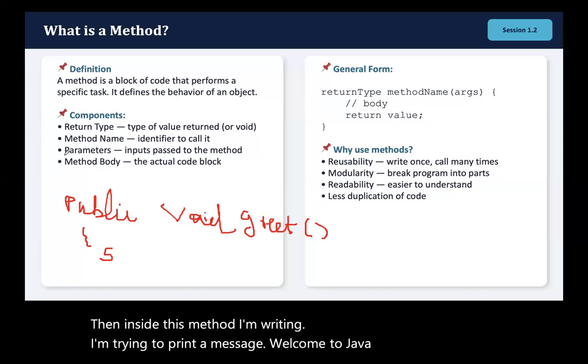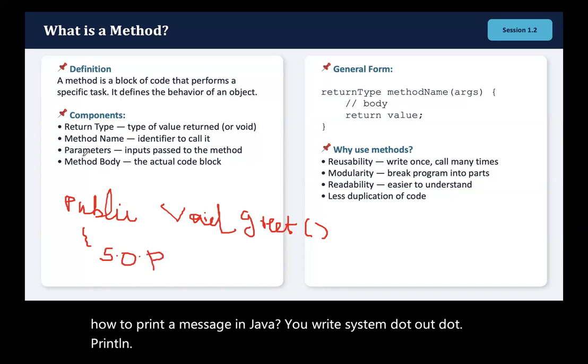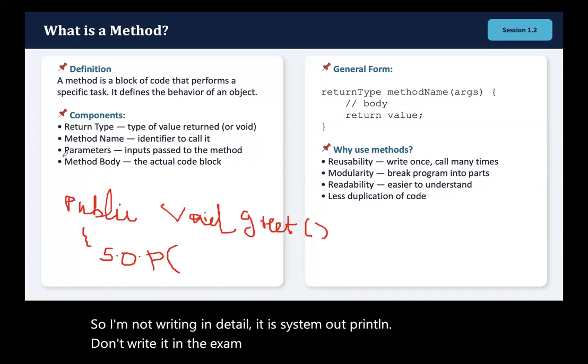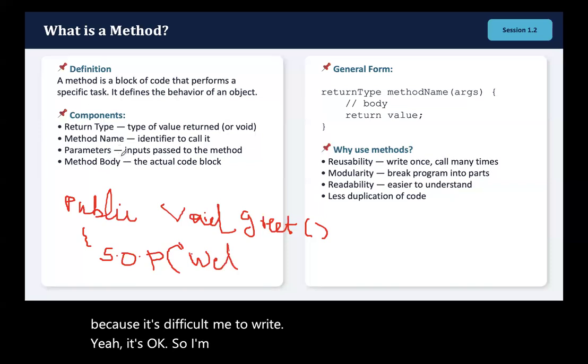So how to print a message in Java? You write System.out.println. I'm not writing it in detail, but it is System.out.println. Don't write it in the exam as s.o.p. I'm just writing it here because it's difficult for me to write. So I'm writing welcome to Java.